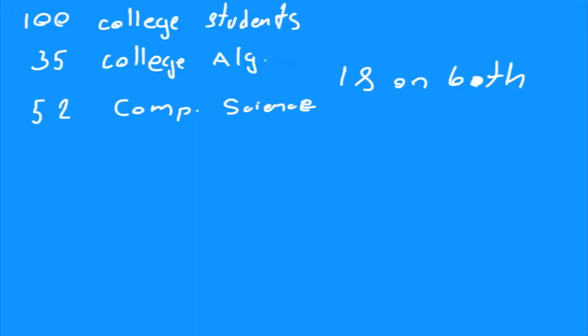We have 35 students in college algebra, and we have 18 students in both, right? So we only need the ones that are just in college algebra. So 35 minus 18, that would be equal to 17 students in college algebra.